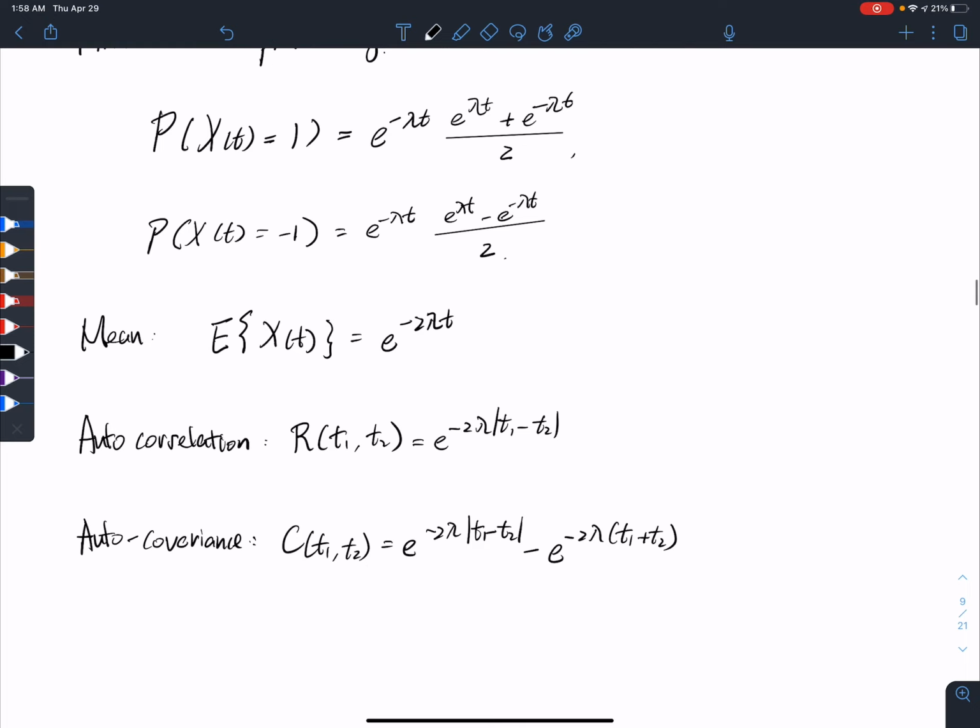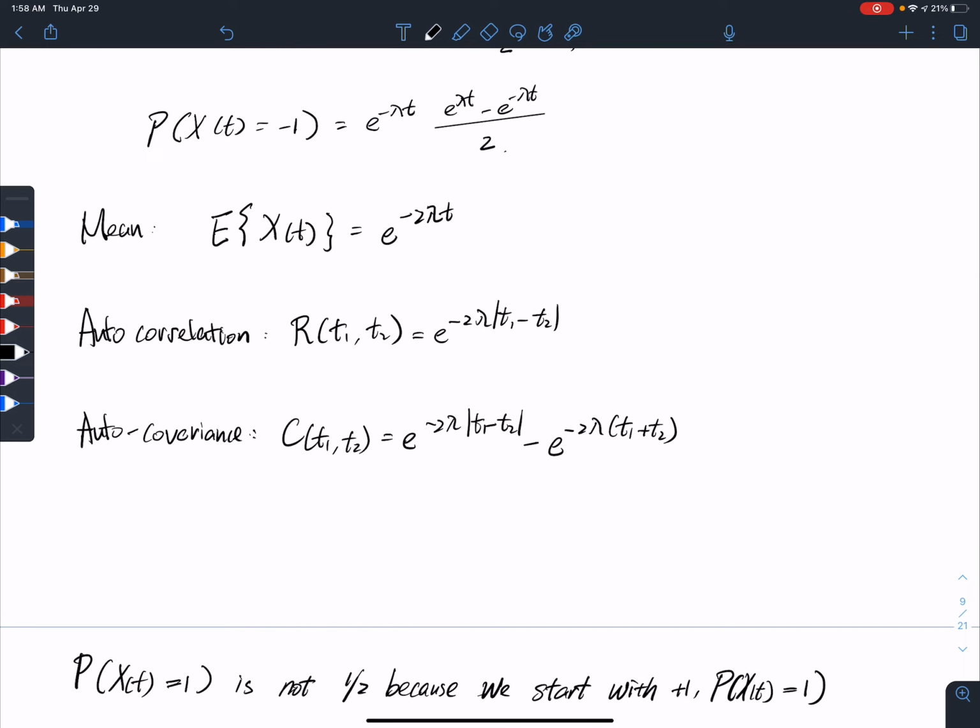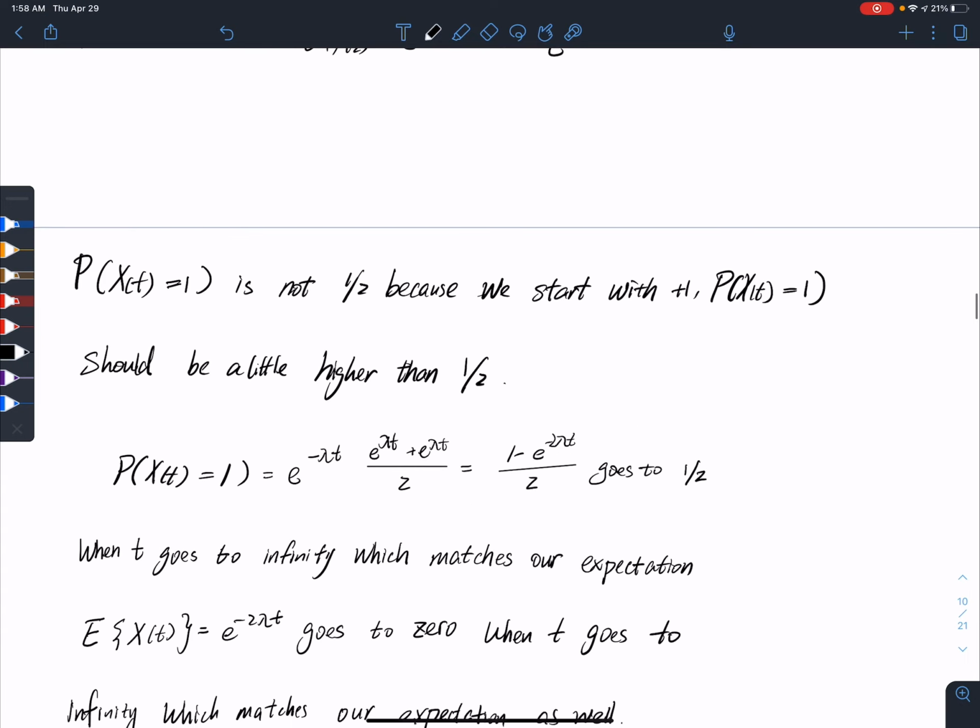Autocorrelation R(t1, t2) is equal to e to the power negative 2 lambda times absolute value t1 minus t2. Autocovariance is equal to e to the power negative 2 lambda times absolute value t1 minus t2 minus e to the power negative 2 lambda (t1 plus t2).